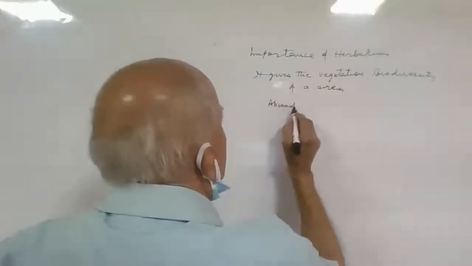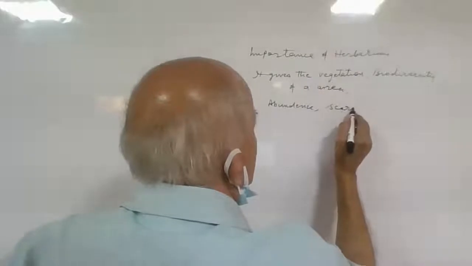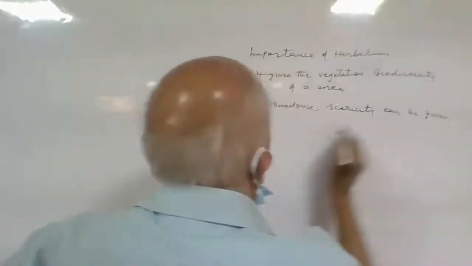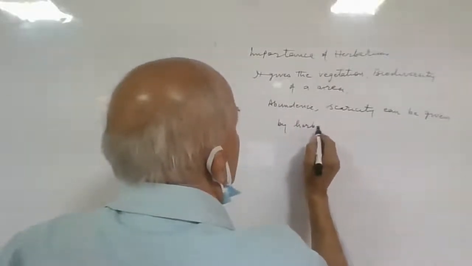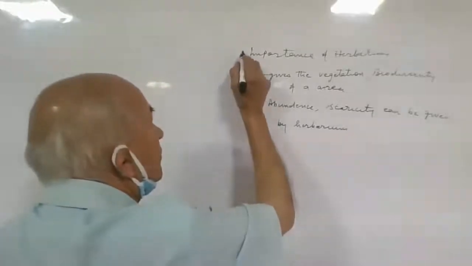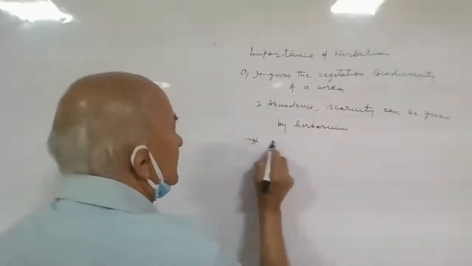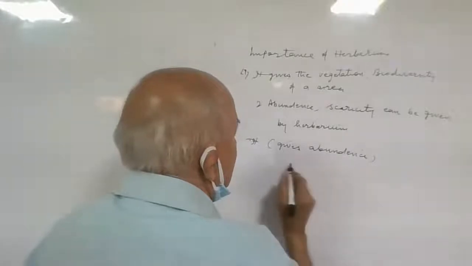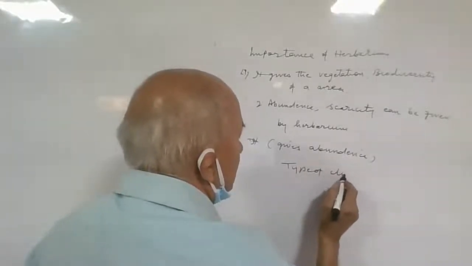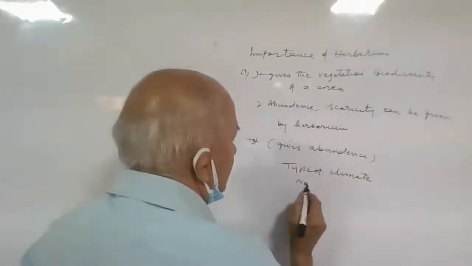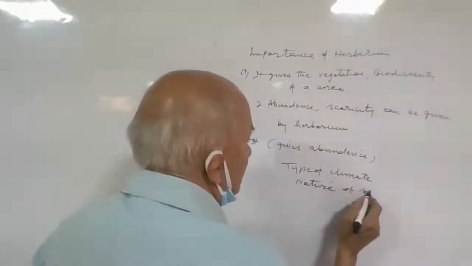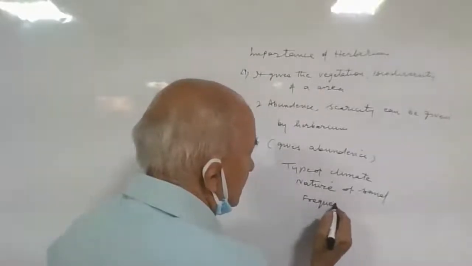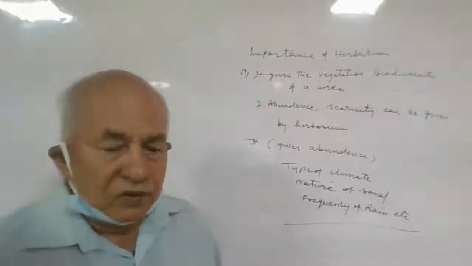Abundance, scarcity can be given by it. It gives abundance, type of climate, nature of soil, frequency of plants. So this is about this.